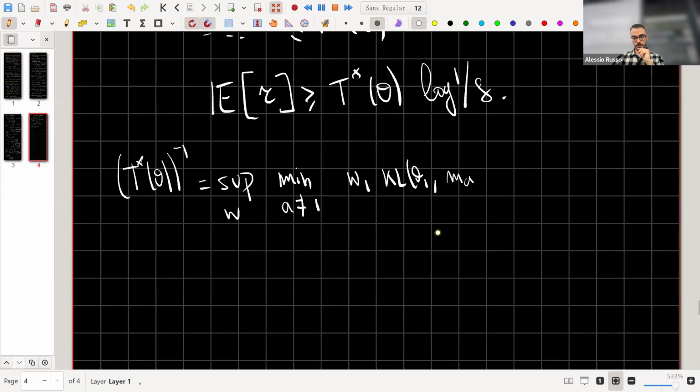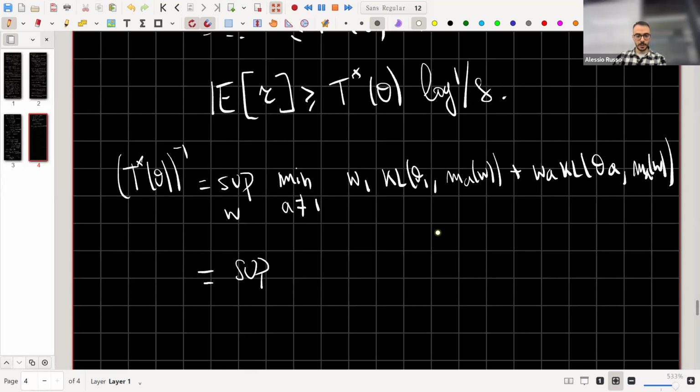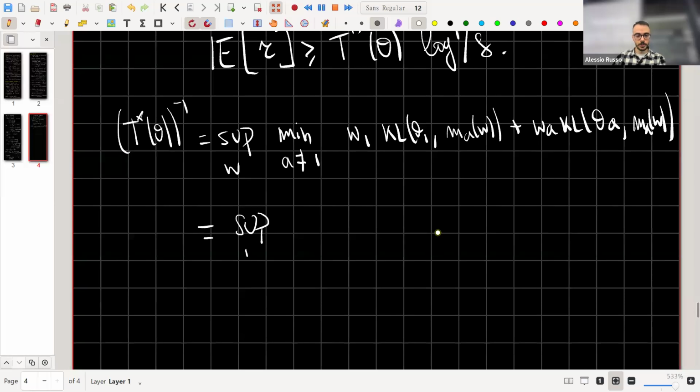Here we have the middle value. But now we use the fact that the KL of the Gaussian, we know how to compute it.